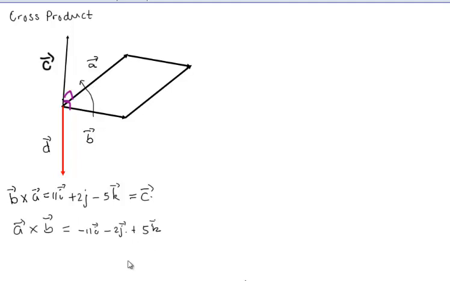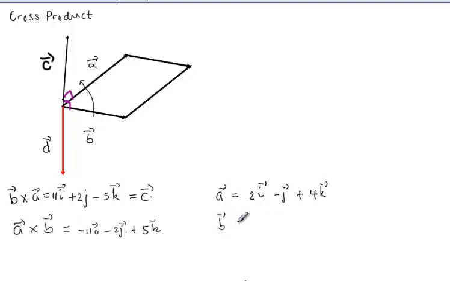Okay, let's see. Now, before we get there, let's recall vector A on its own, please. You've got it there. Tell me what's vector A. Remember, vector A is this one. What is vector A then? 2i minus j plus 4k.